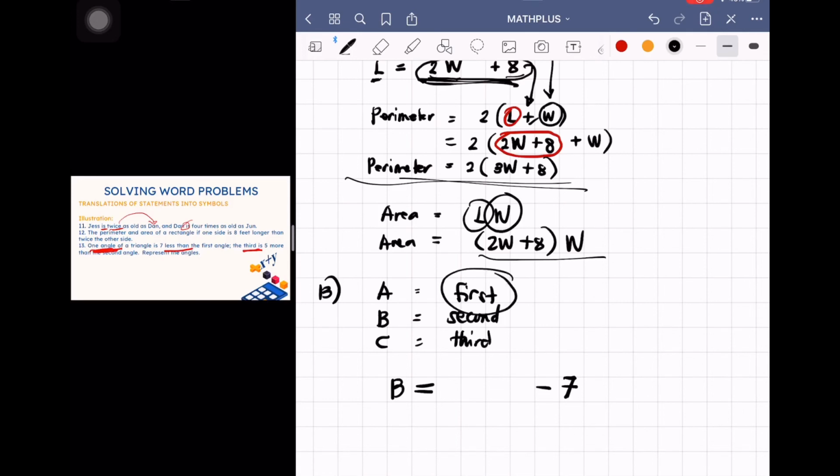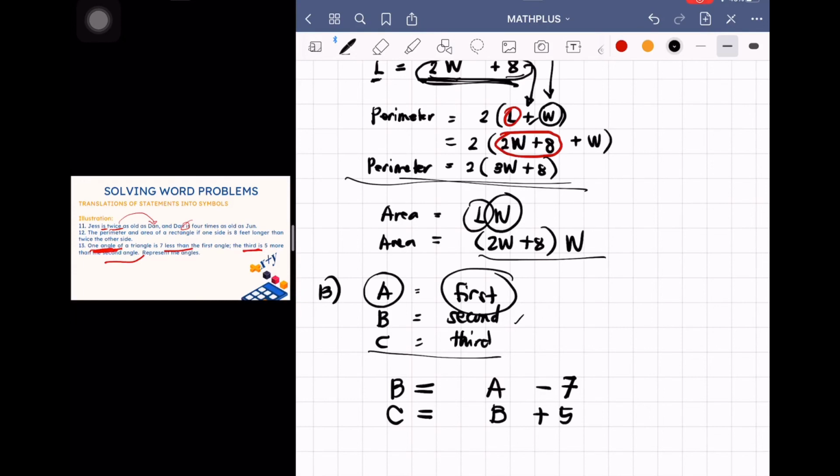Ano ba yung first angle ko? That's A. The third, which means the third angle, C, is, which means equal sign, 5 more than, sa unahan ko yung susulat, 5 more than the second angle, which is B ulit.